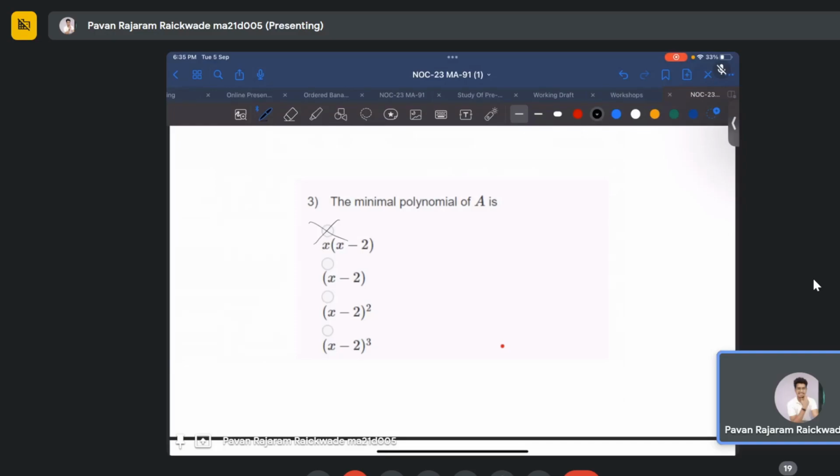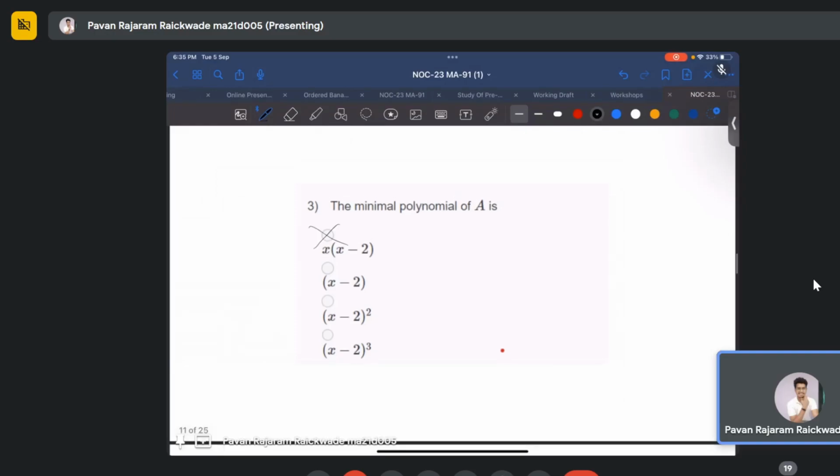Now, what I know is the degree of the factor x minus lambda in the minimal polynomial is the size of the largest Jordan block.